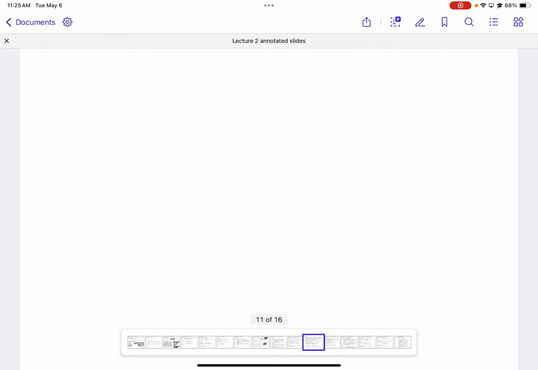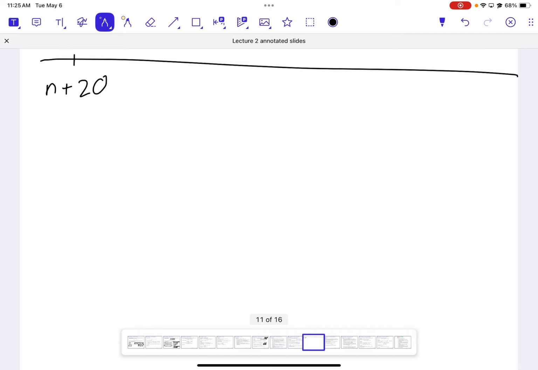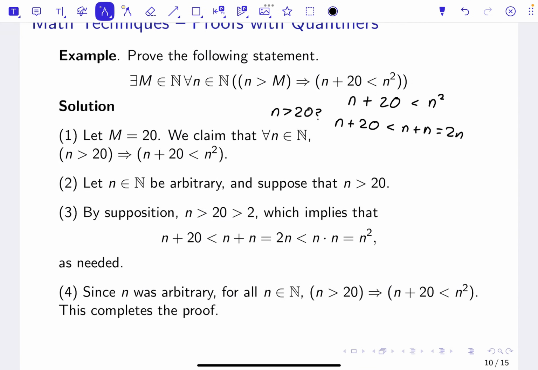So we can look at this as like a number line. We got n plus 20 over here, and n squared over here.